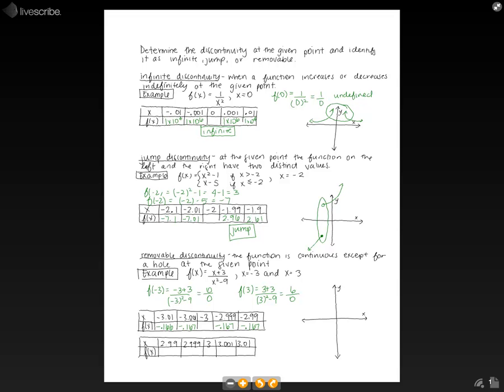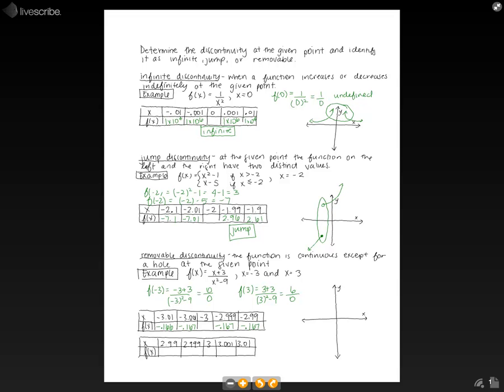So we can see the left and the right side are both approaching this negative 0.167 value at negative 3, which must mean that that is the value that should be at negative 3, but because it's discontinuous, there must be a hole, because the rest of the function is continuous except for at that hole.